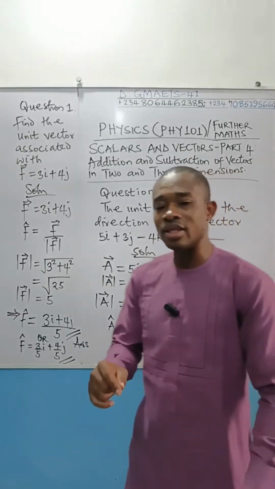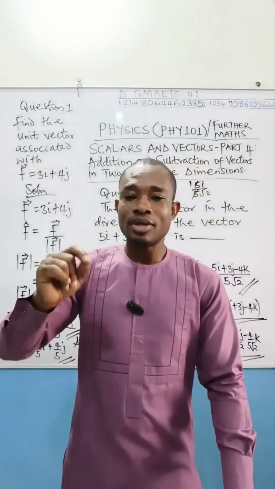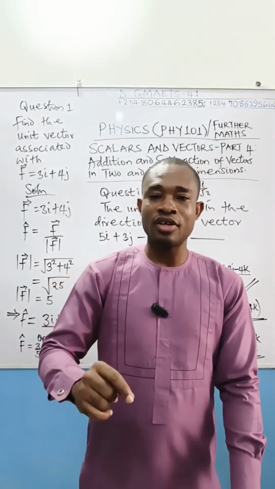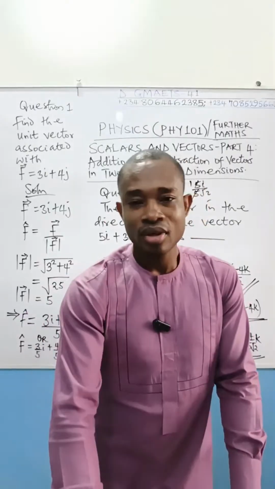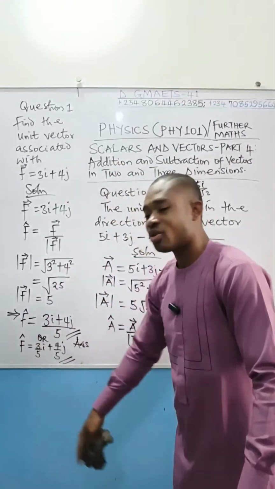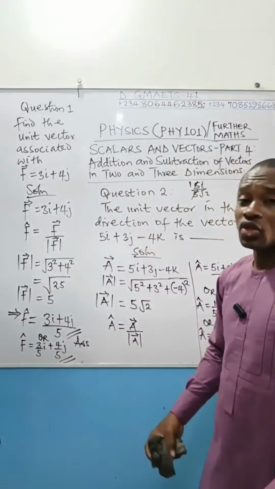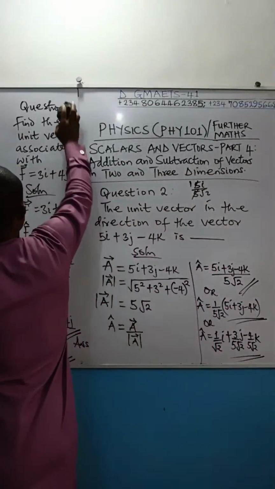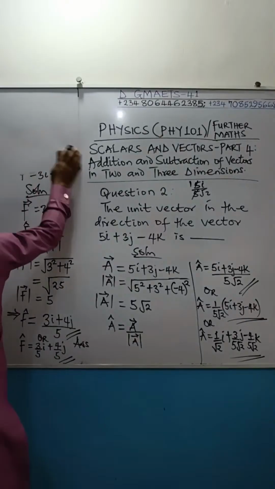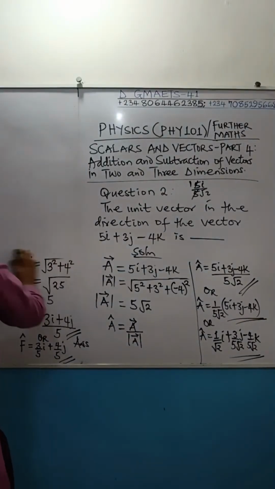How true is it that the magnitude, the modulus, the absolute length of a given unit vector is 1? Just go ahead and calculate the magnitude and you'll see it yourself. Let's find out. I just want to prove it.